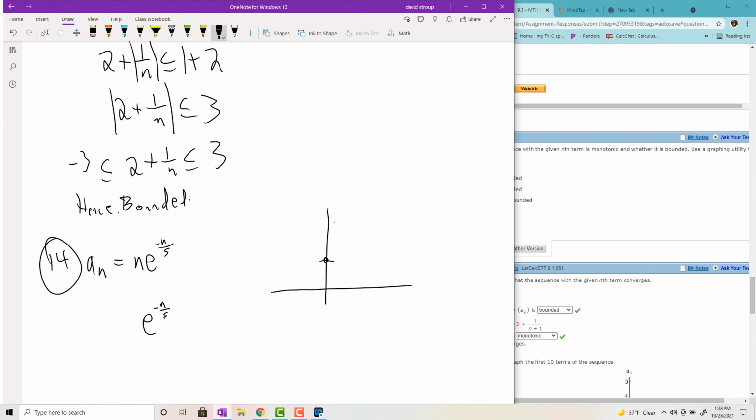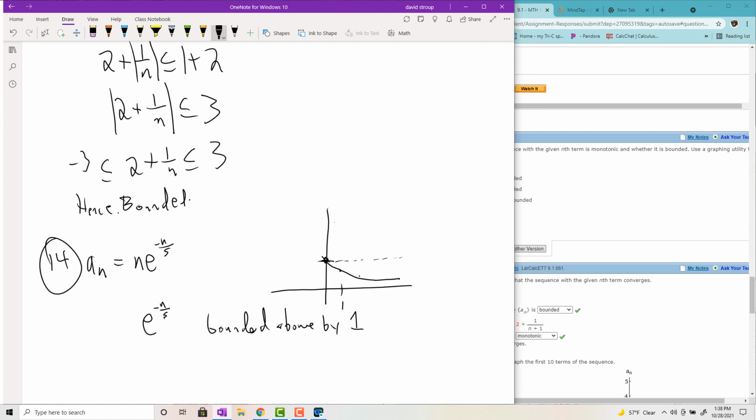So it's going to be here, and then it's just going to drop down from there. It's an exponential decay, so it's going to go like this. So eventually it is, yeah, it's bounded above. If you start at 1, this thing will be bounded above by 1. Is it bounded below?